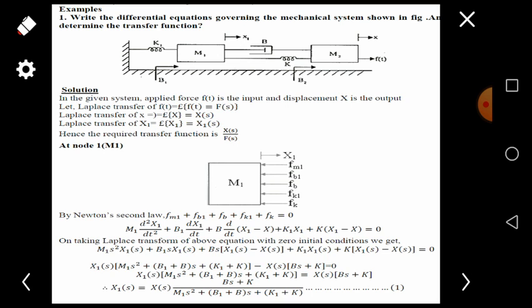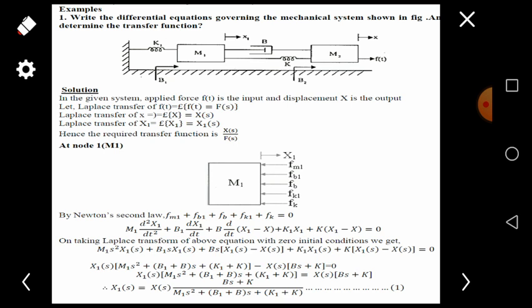First we have to write the force belonging to the mass, that is Fm1, and the force belonging to the friction that is connected below the mass m1 as Fb1, and the force acting in the friction B that is connected in between mass 1 and 2 as Fb, and the spring in between mass 1 and 2 as Fk, and the spring that will act as Fk1.